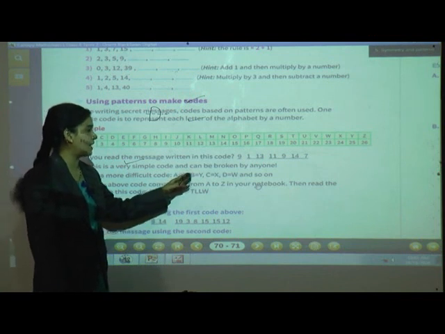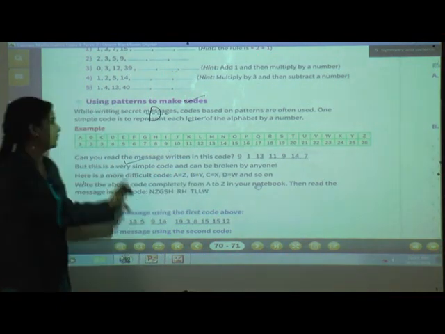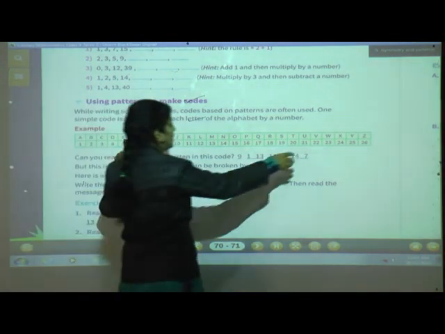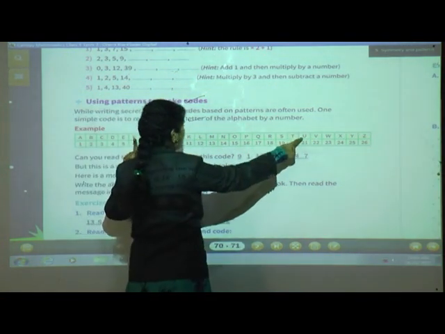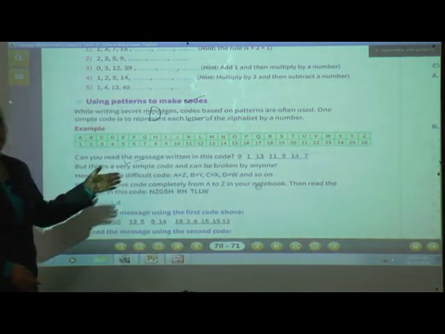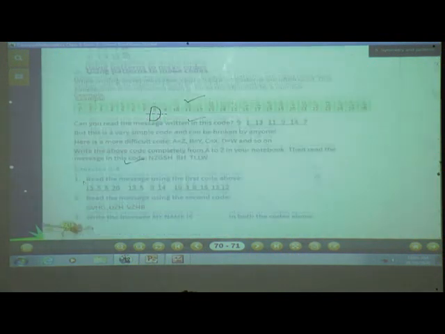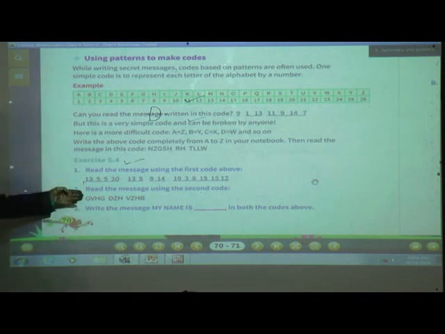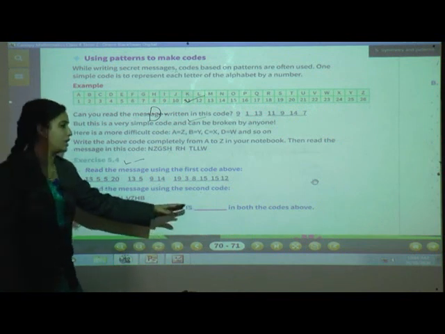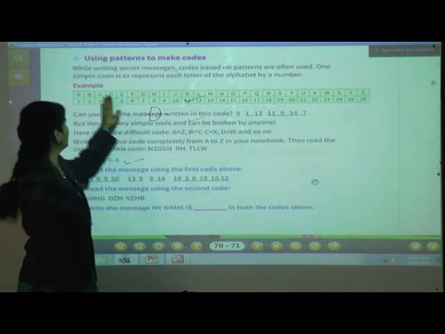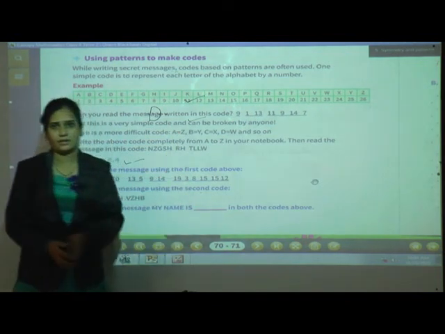A is equal to Z, B is equal to Y, C is equal to X, D is equal to W. That means what will come for E? E is equal to V and F is equal to U. So in this way you can write the pattern, and by using this pattern you can solve these questions. Even this third one, write the message 'my name is' in both the codes. That means in this way also and in this way also you have to write this answer.